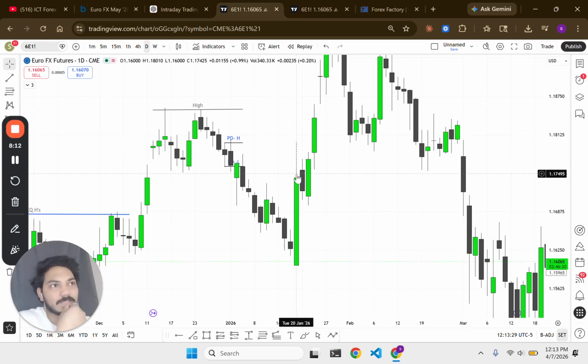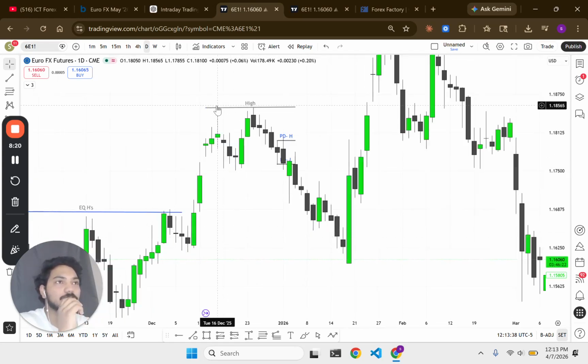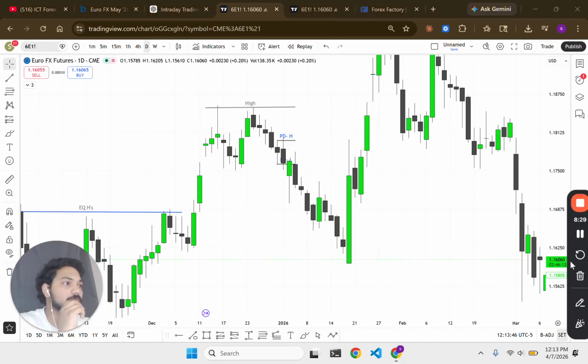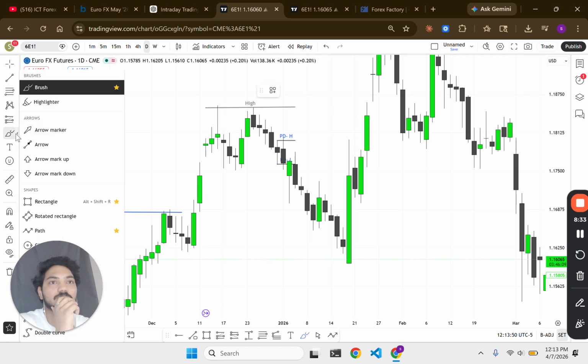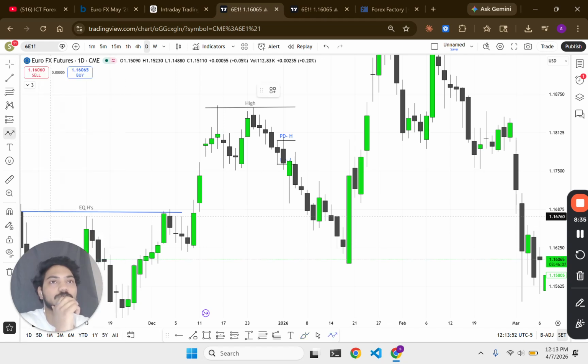Once done, we need to see if we are missing anything. Also, if you can see here, it went on to make this high. Let me move this. Use path.